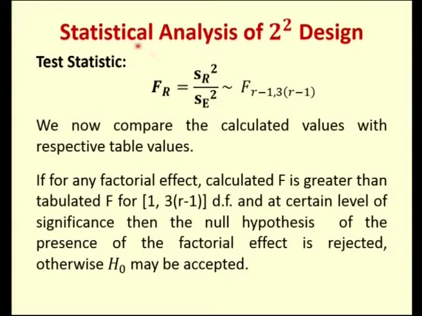Now, we compare all these calculated values with the respective table values at some level of significance, maybe 5% or 1%. If for any factorial effect the calculated F is greater than the table value for 1 and 3(r - 1) degrees of freedom, then the null hypothesis is rejected. Otherwise, the null hypothesis may be accepted.